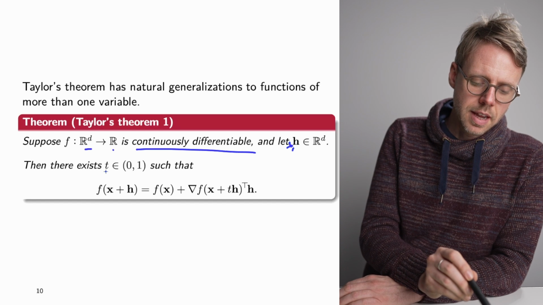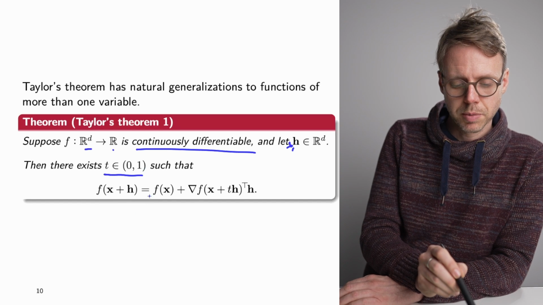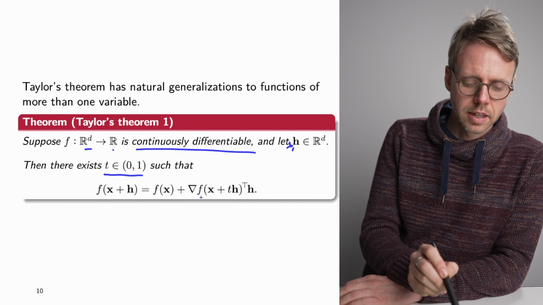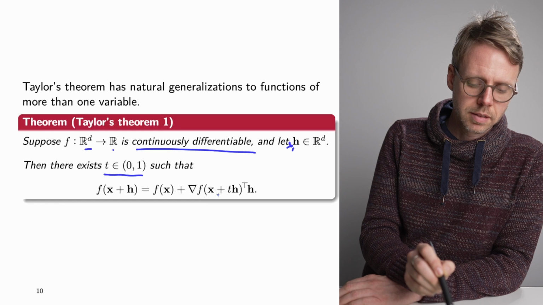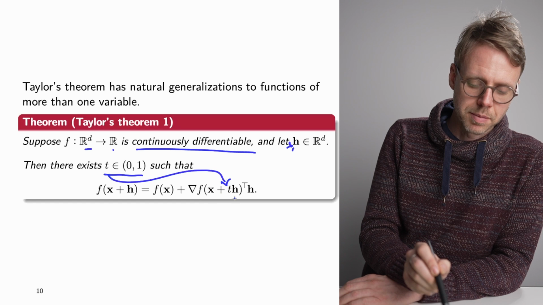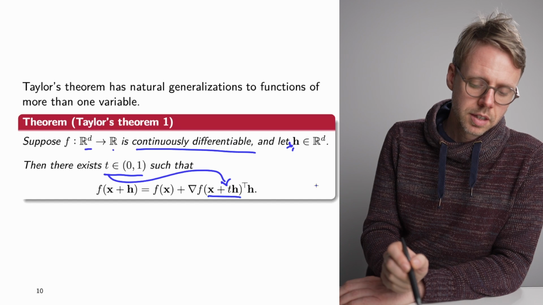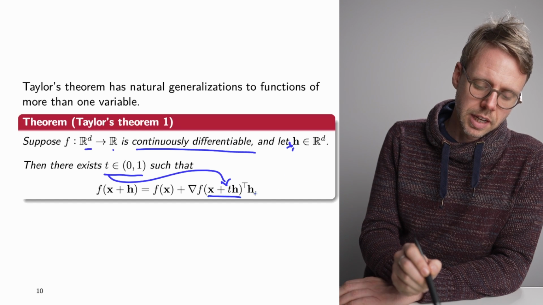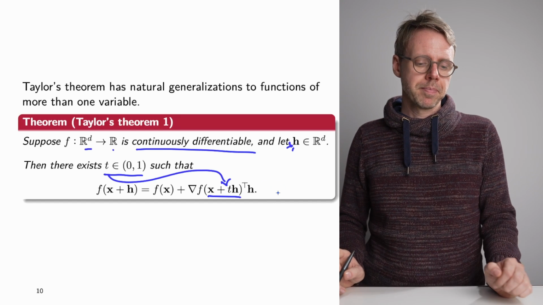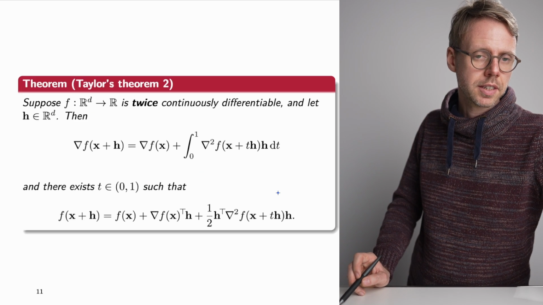Then there exists some t between 0 and 1 such that f of x plus h equals f of x plus the gradient of f at x plus t times h, times h. So this is a point between x and x plus h. This is nothing else than our generalization of the mean value theorem. That's the first part of Taylor's theorem.